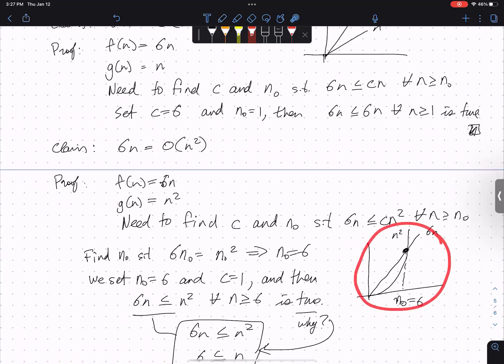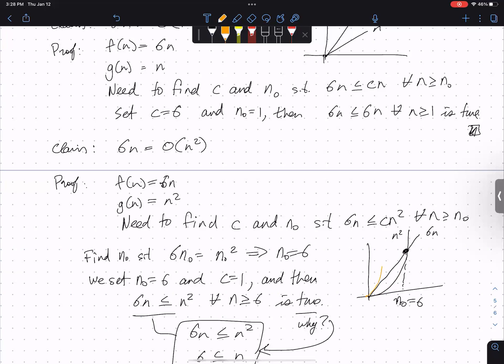In this example, I worked by setting n naught equals 6. I could have also scaled n squared, making it 6n squared, and then that parabola would have gone sharply up right away. So that way I could have used C instead of n naught.